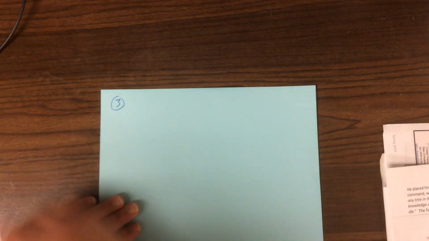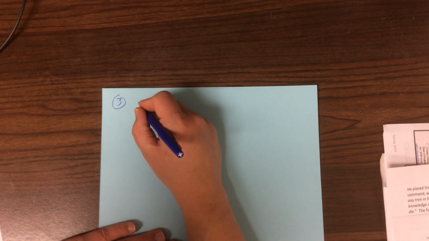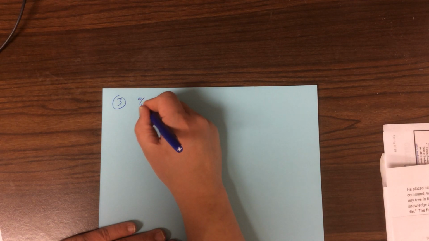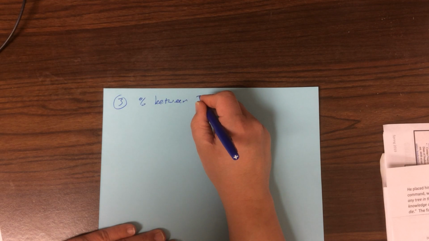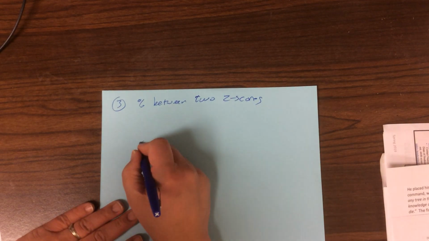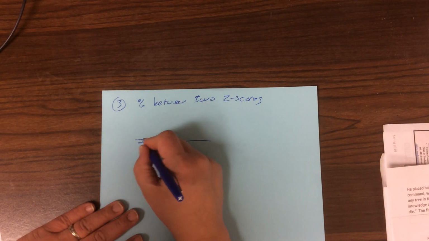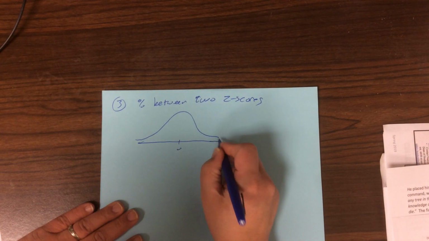So finally, the third case is when you want to find the area or the percent between two z-scores. Okay, and this is the last case here. So here's the idea. Let's say we have a couple z-scores.